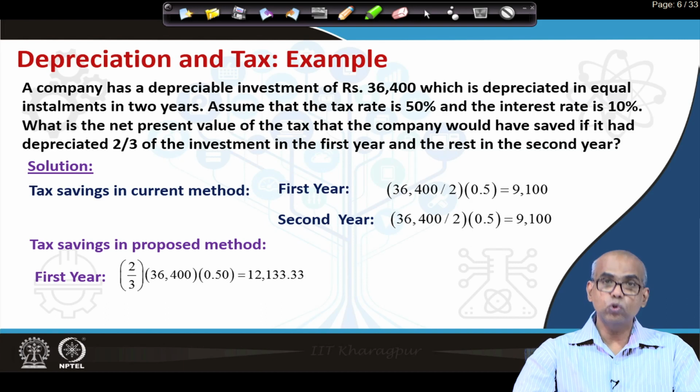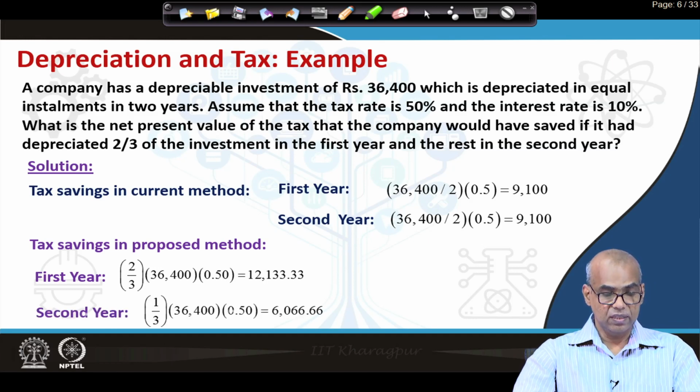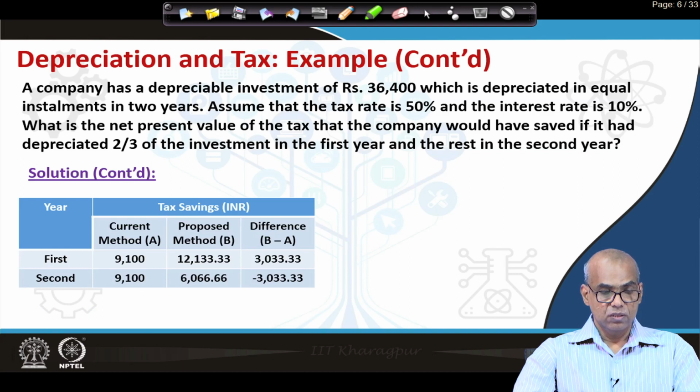So, first year 2/3 of 36,400 multiplied by 0.5, it will be 12,133.33. In the second year, it will be 1/3 of 36,400 multiplied by 0.5 and it will be 6066.66. So, this is the table, these are the values that we computed.